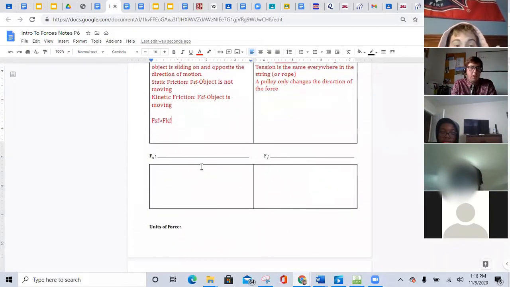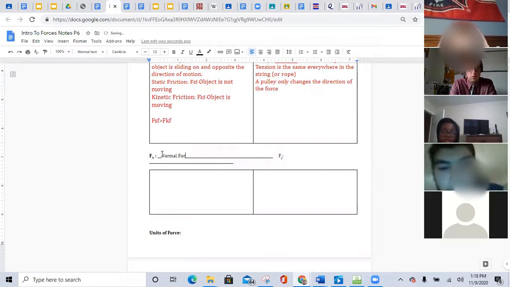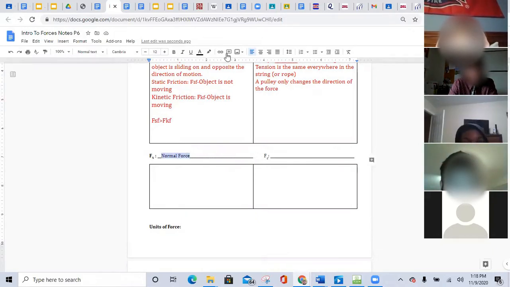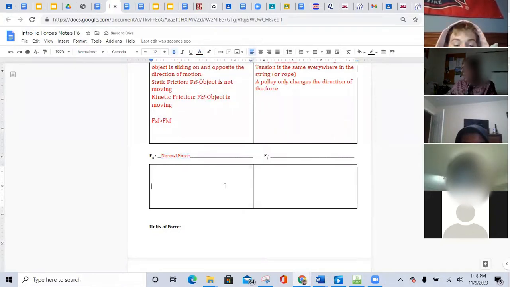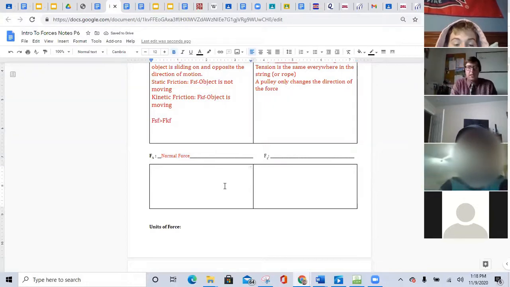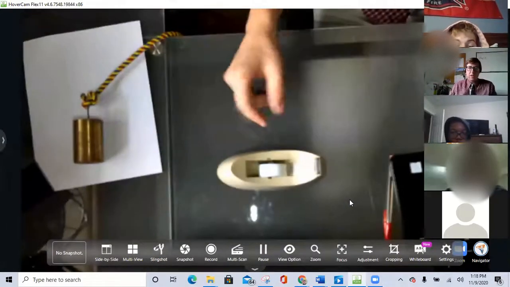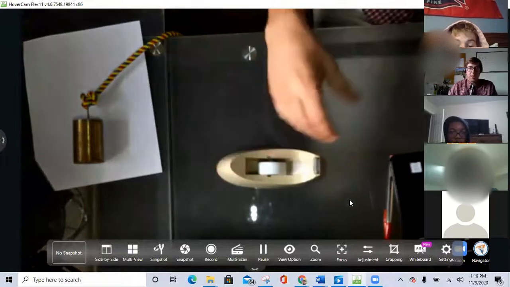Now, moving on to normal force. Normal force is the reason that you are not in the center of the earth right now. As I said, in order to keep an object from changing its state of motion, forces must be balanced.